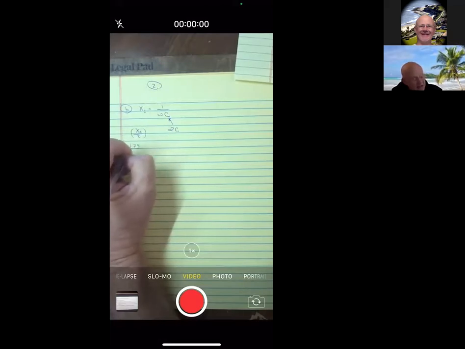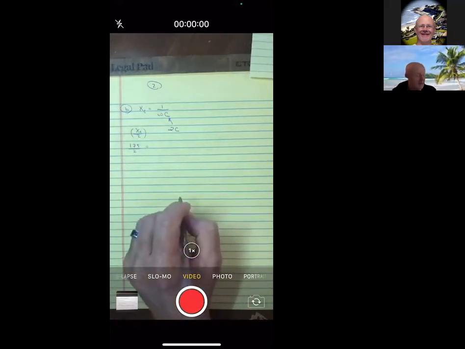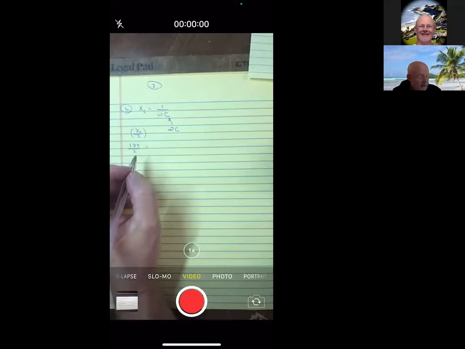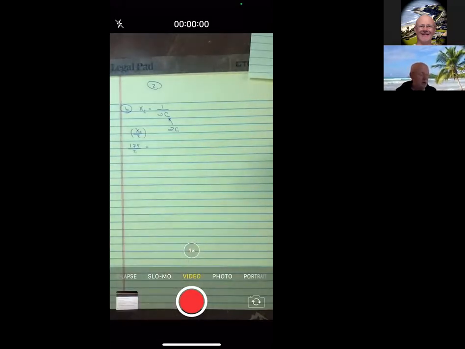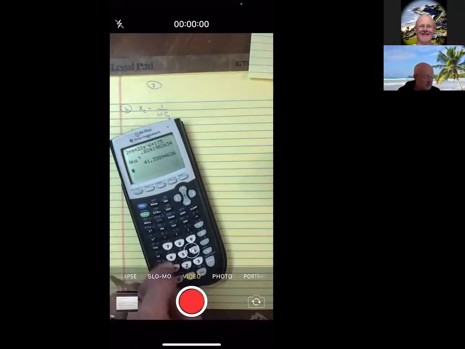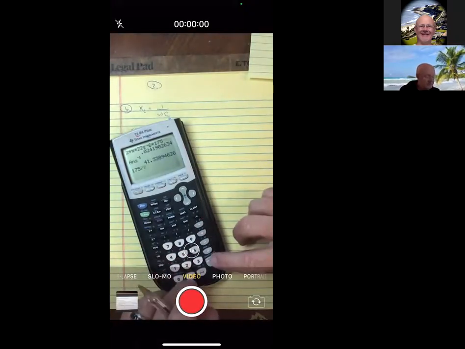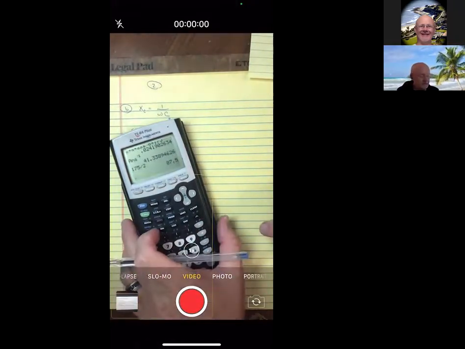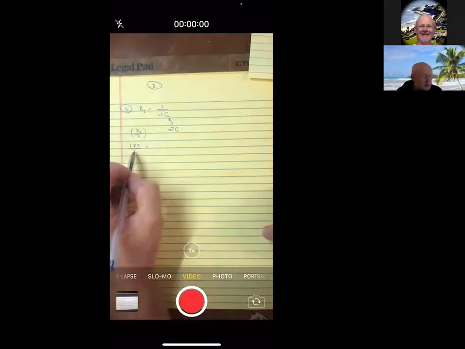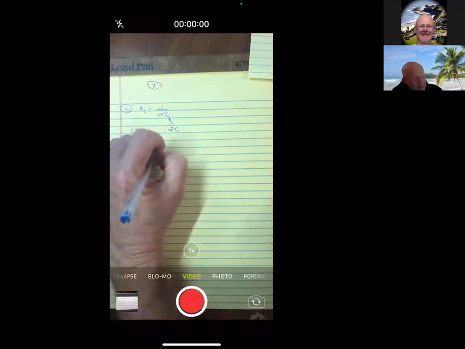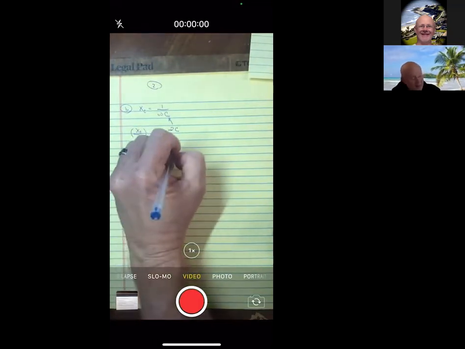So 175 cut in half is what, 67 and a half? It goes into 80, yeah, 87. All right, so 87 and a half ohms.